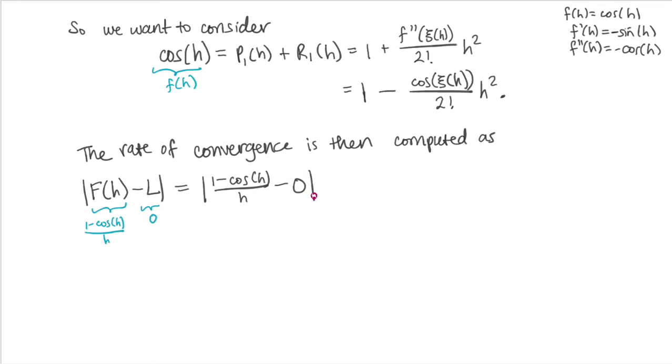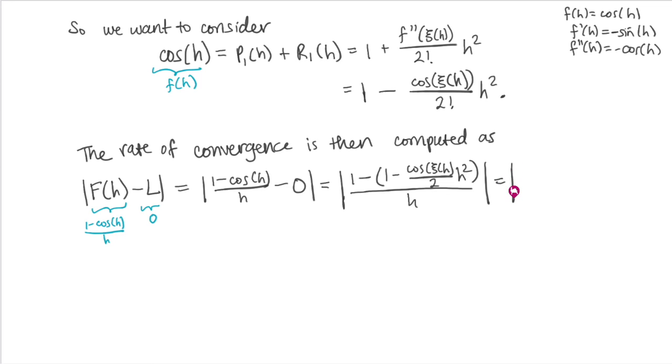That's our limit. And I'm just going to substitute in, for cosine of h, this expression. So I have 1 minus, and then in this expression I have 1 minus cosine of c of h over 2 times h squared. All of that is still over h, and I'm just going to leave out the minus 0 because I don't need to write it anymore. Well, let's expand this out a little bit.